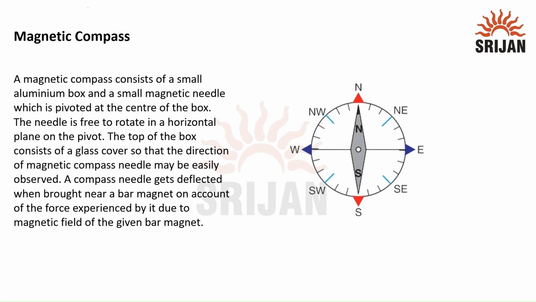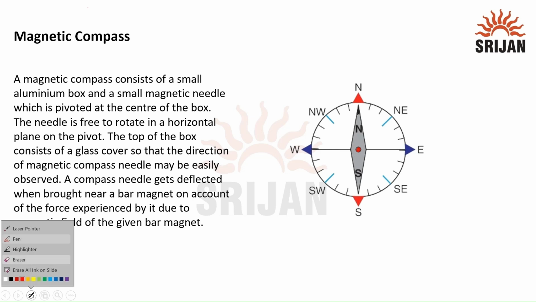Magnetic compass. You must have seen or at least heard about a magnetic compass somewhere. So what is a magnetic compass? A magnetic compass consists of a small aluminum box and a small magnetic needle which is pivoted at the center of the box. You can see in this diagram, there is the center, and there is a needle which is pivoted at the center.